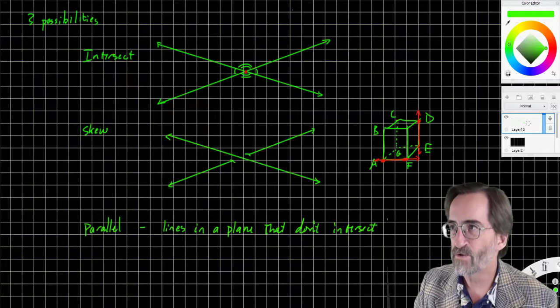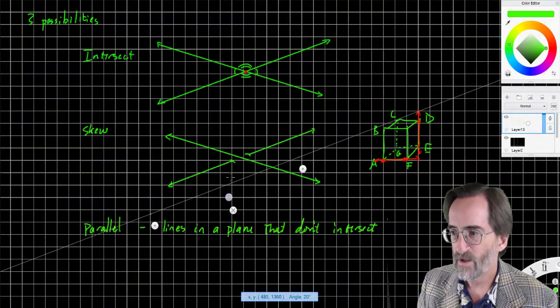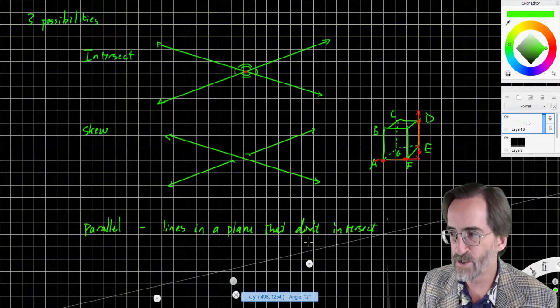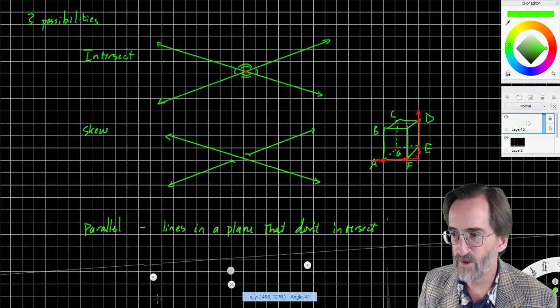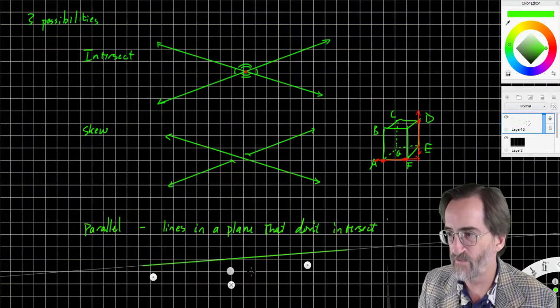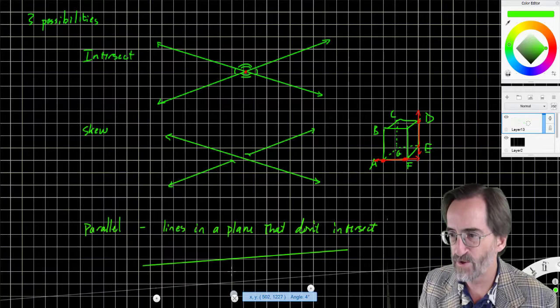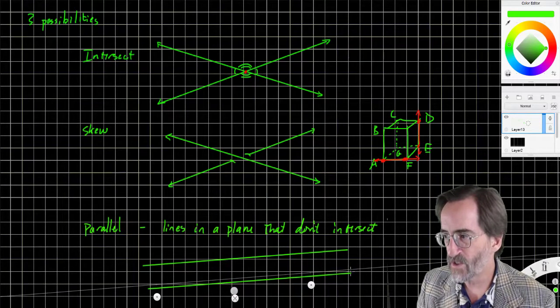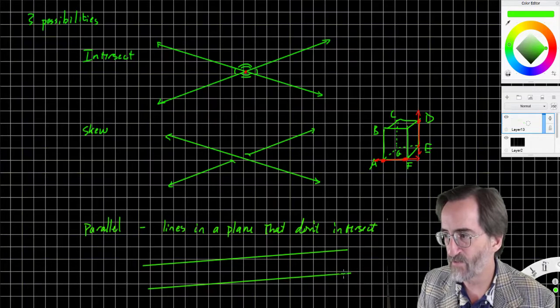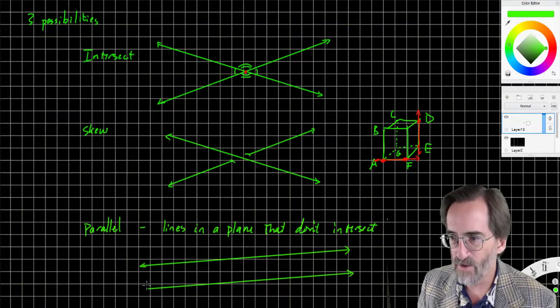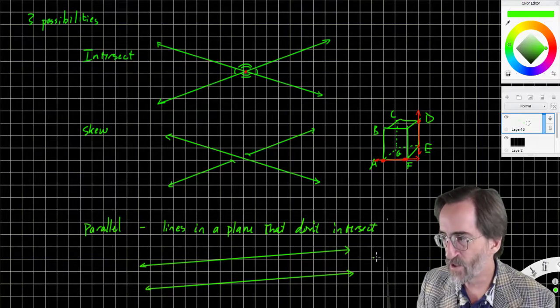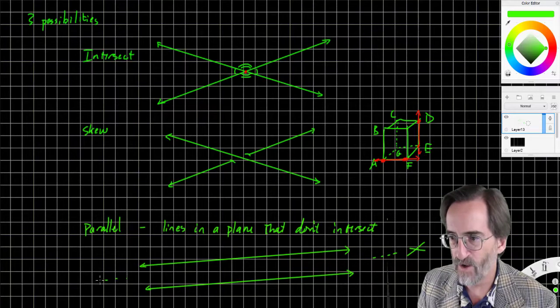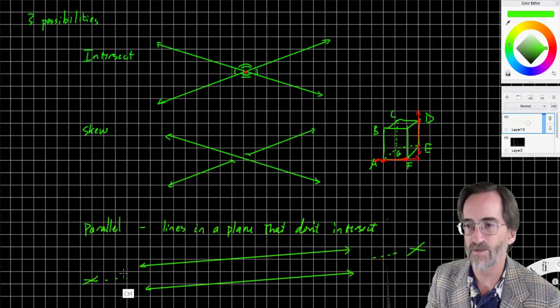So if I draw 2 lines in a plane and they don't cross each other, they are said to be parallel. Now remember, lines are infinite. They go infinitely in both directions. So they have to be going the exact same direction, because if you can imagine, if the steepness of one line was a little bit off, eventually, in one direction or another, they would eventually cross.